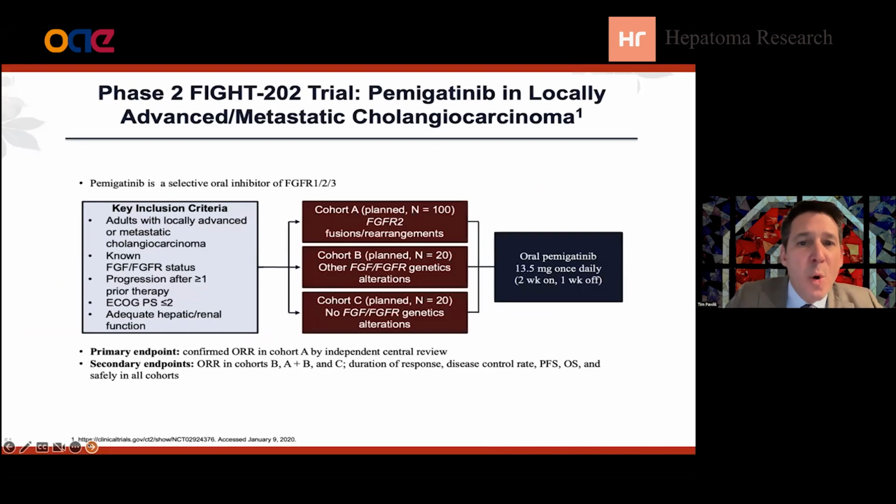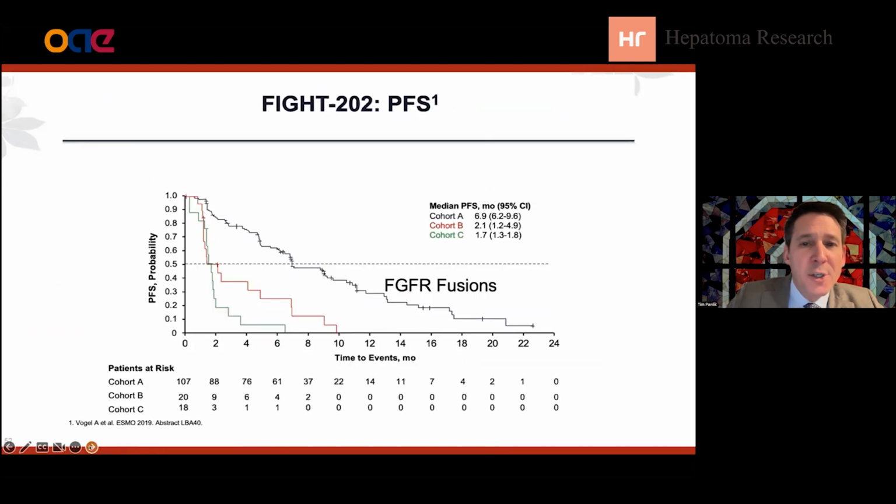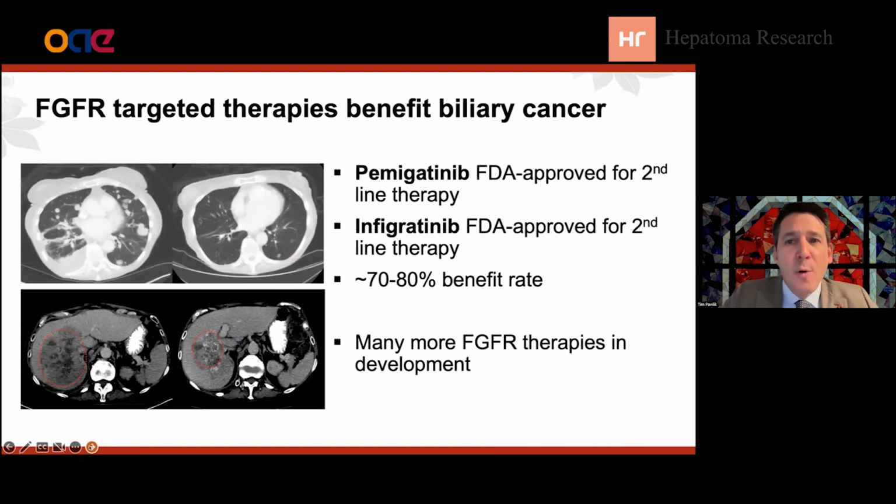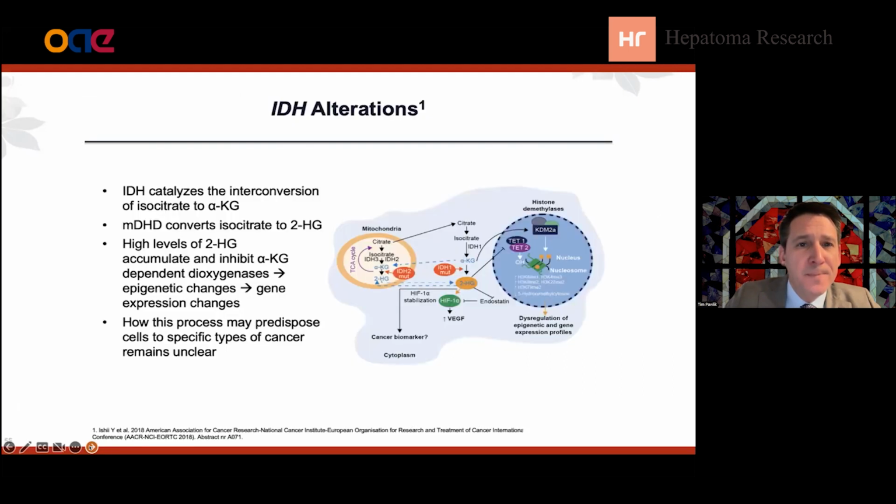And in the FIGHT 202 trial, they looked at patients who either had FGFR fusions, genetic alterations, or no alterations, and showed that with FGFR targeted therapy, those patients with fusions had an improved progression-free survival as well as overall survival. And therefore, currently the FDA in the United States has approved several FGFR targeted therapies as second-line therapy for those patients with FGFR fusions.